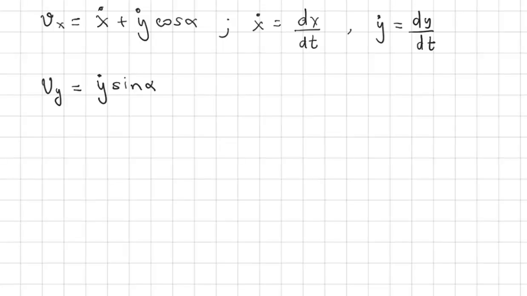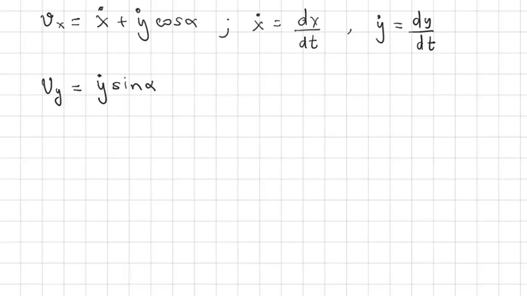Okay, here we don't have a vertical component of the wedge because the wedge is moving just horizontally, along the horizontal plane. So we only have the component of the ball as the vertical component of the system. Okay guys, we want to know the velocity of the system.